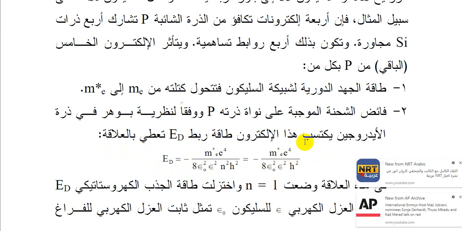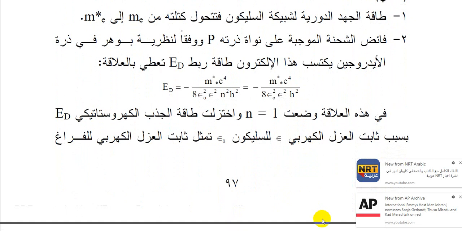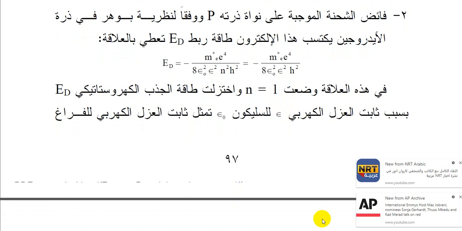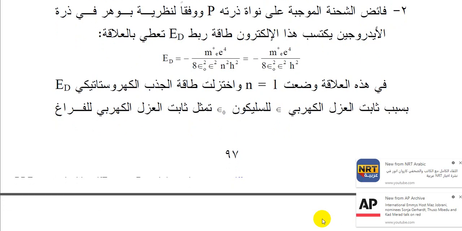This describes the electron acquiring the binding energy ED according to Bohr theory, just because of the presence of the positive charge overflow at the P atom nucleus.